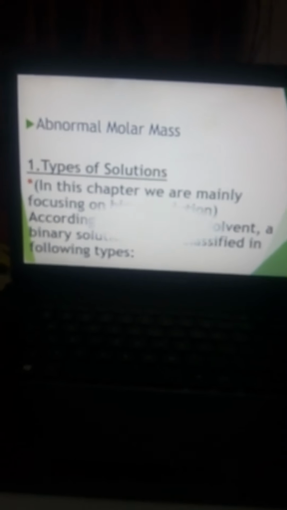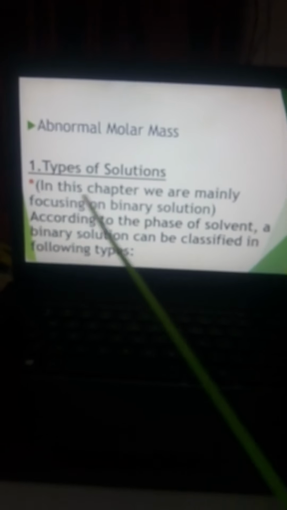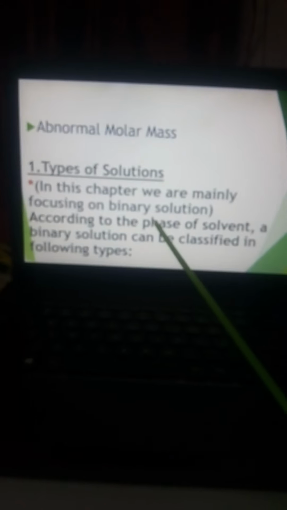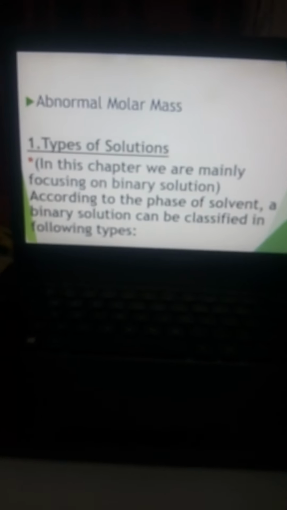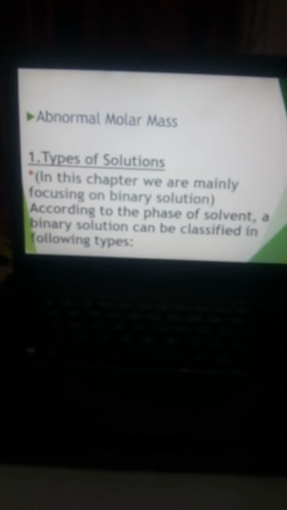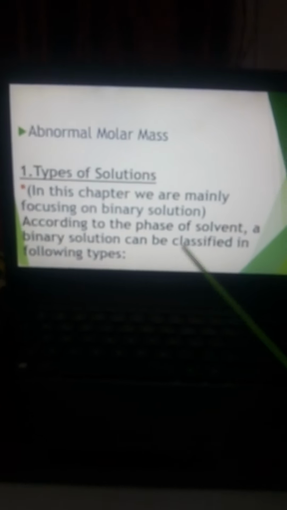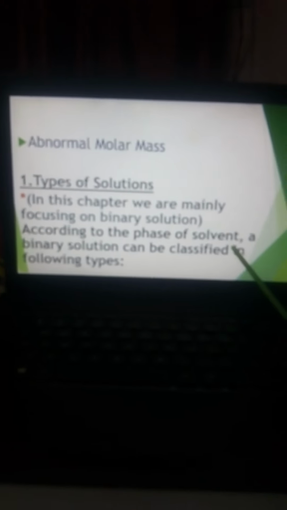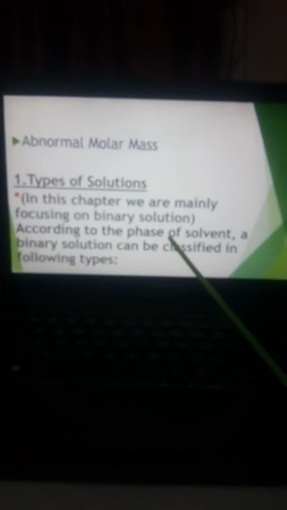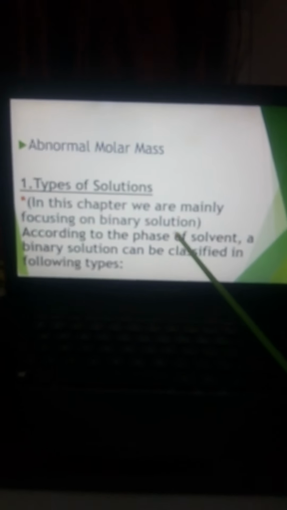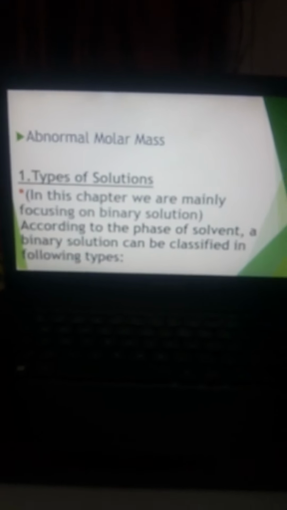Again I am repeating that in this chapter we are mainly focusing on binary solutions, that is, solutions of two components: one is solvent and another is solute. According to the phase of the solvent, which can be gas, liquid or solid, a binary solution can be classified into the types you see here.